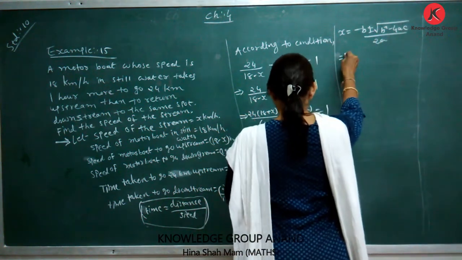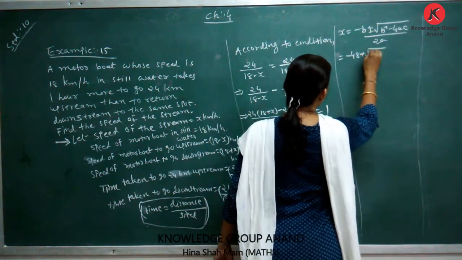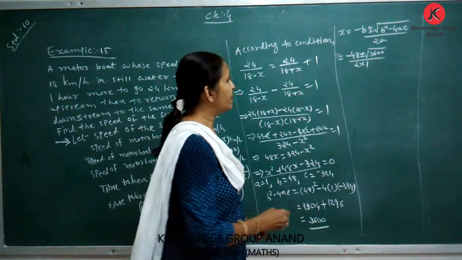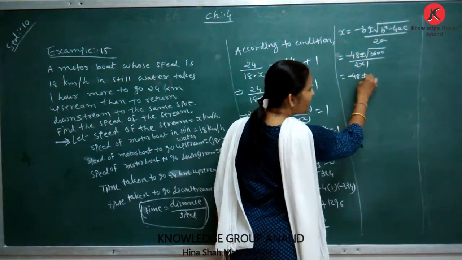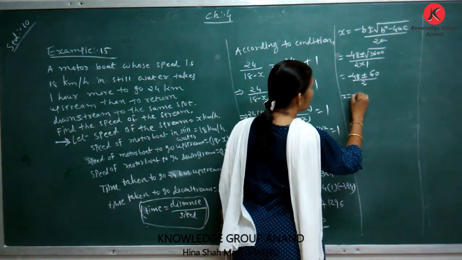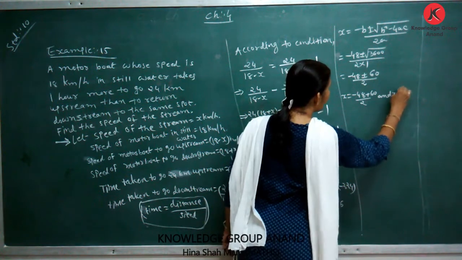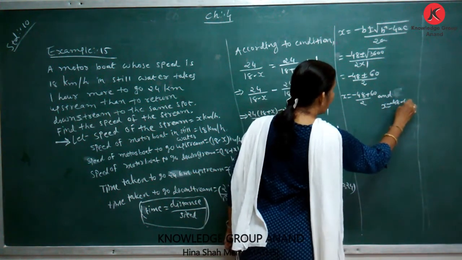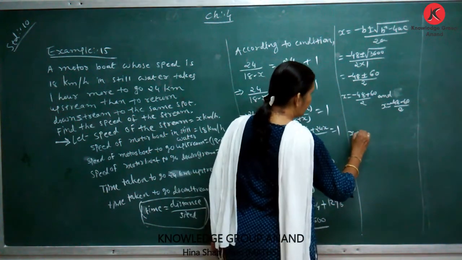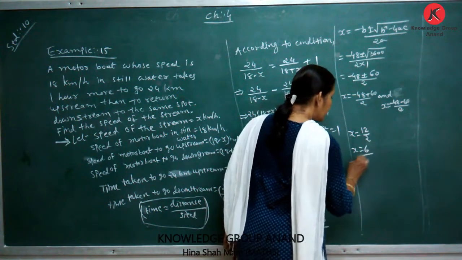Here b is equal to 48, so x is equal to minus 48 plus minus square root of 3600 upon 2 into a, where a is 1. So x is equal to minus 48 plus 60 upon 2, and x is equal to minus 48 minus 60 upon 2. x is equal to 12 upon 2, x is equal to 6.